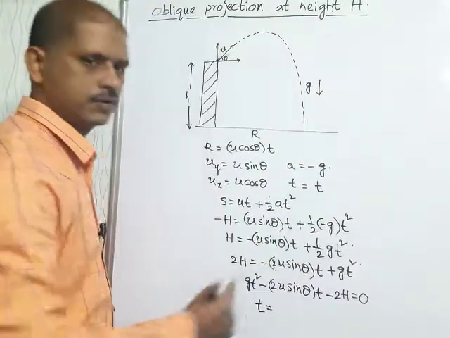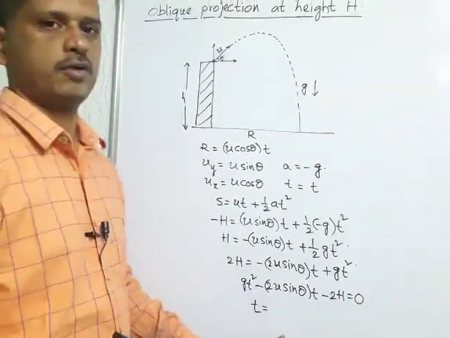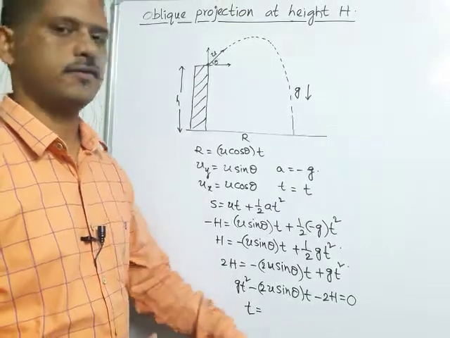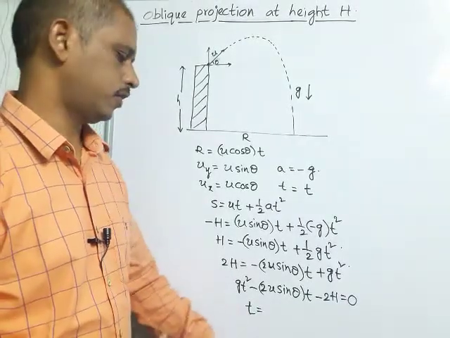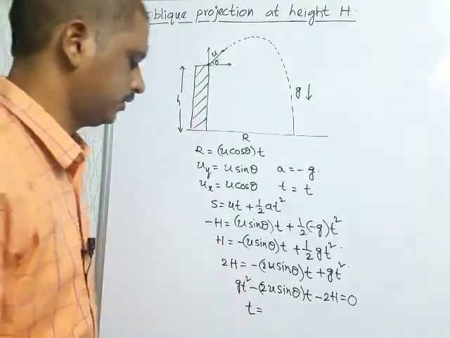T is equal to, we know, minus b plus or minus square root of b square minus 4ac by 2a. You can apply that.